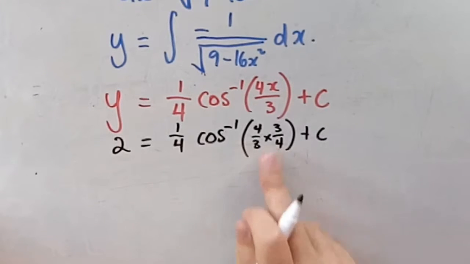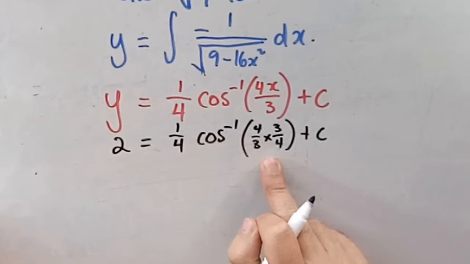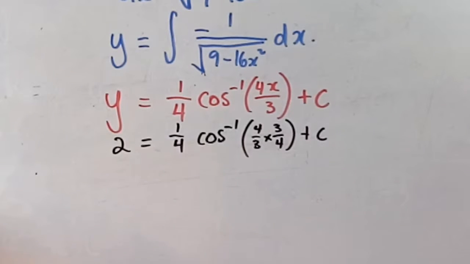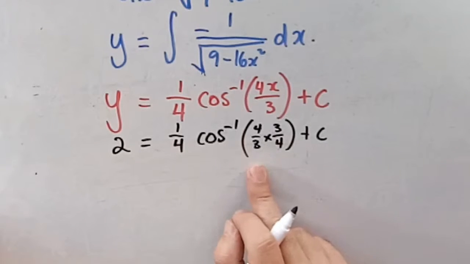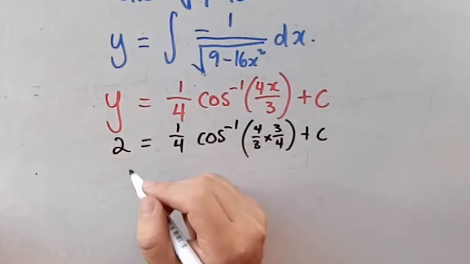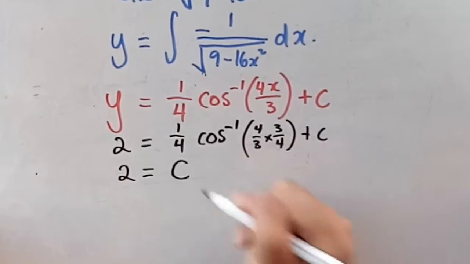Now this is 1. Inverse cos of 1 is 0. So we've got 1/4 of 0 plus c is 2.